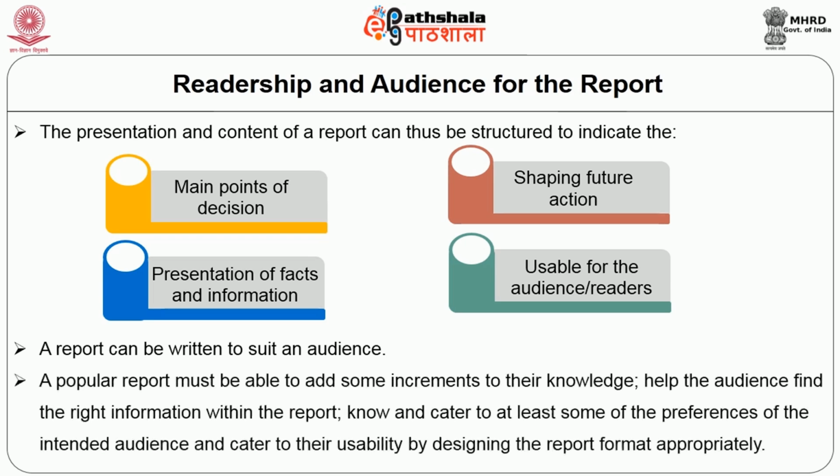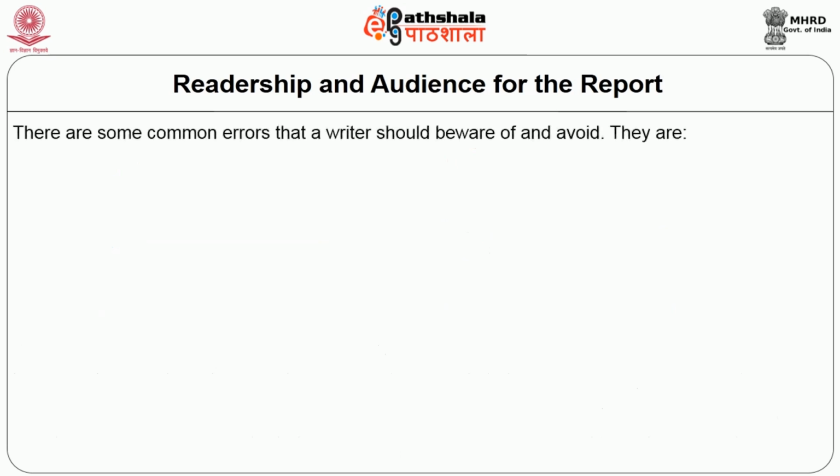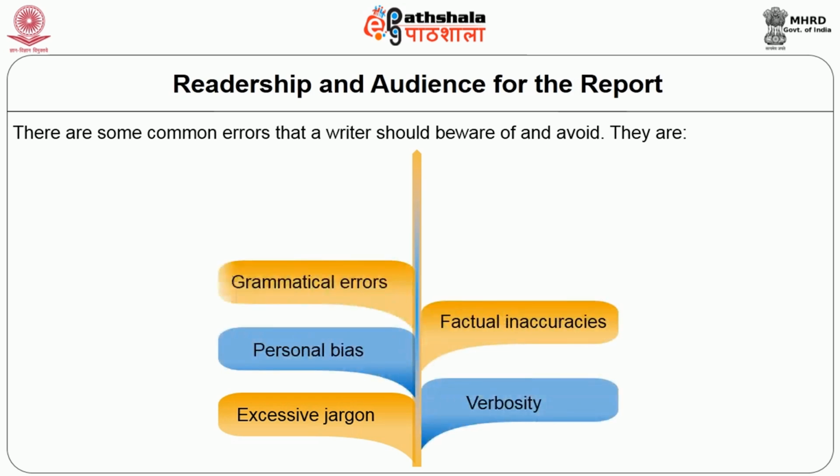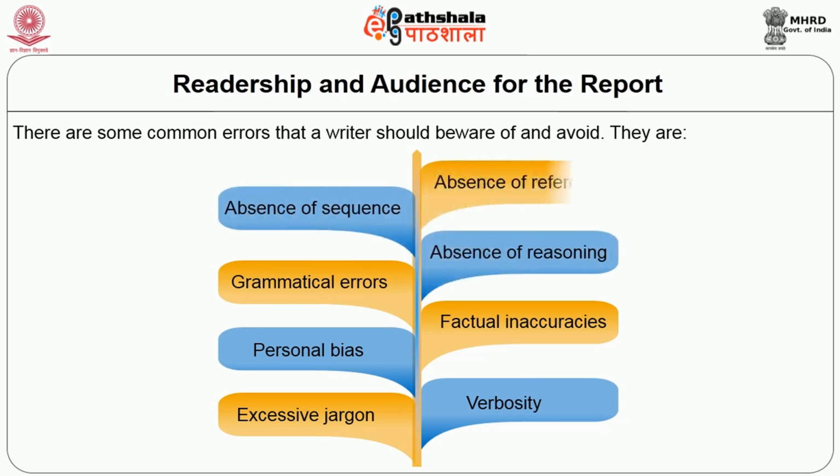A popular report must be able to add some increments to their knowledge, help the audience find the right information within the report, know and cater to at least some of the preferences of the intended audience and cater to their usability by designing the report format appropriately. There are some common errors that a writer should be aware of and avoid, and they are excessive jargon, verbosity, personal bias, factual inaccuracies, grammatical errors, absence of reasoning, sequence and reference.